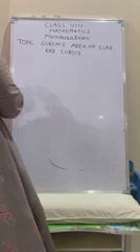Again, you can write the formulas. Curved surface area of a cube is 4a square, and total surface area of a cube is 6a square, because here are 6 faces and here are 4 faces. Curved surface area of a cuboid is perimeter of base multiplied by height.